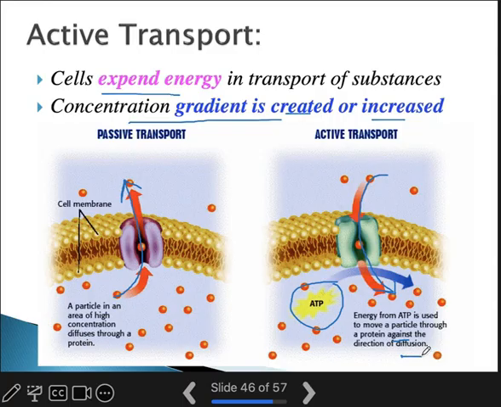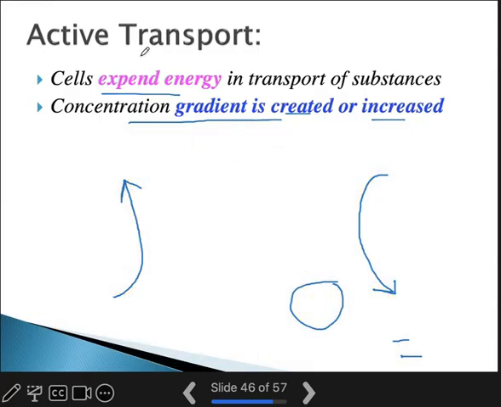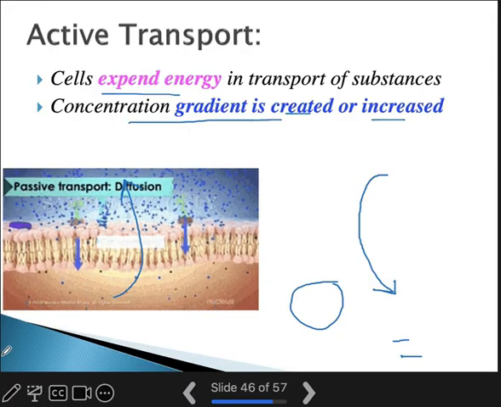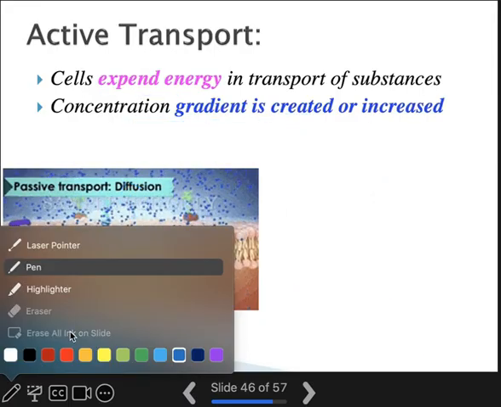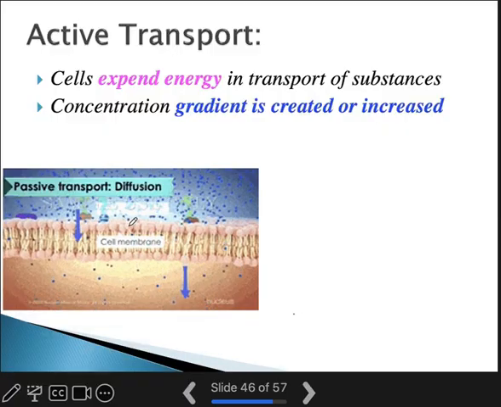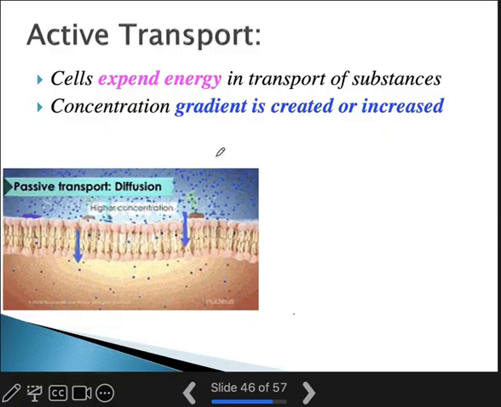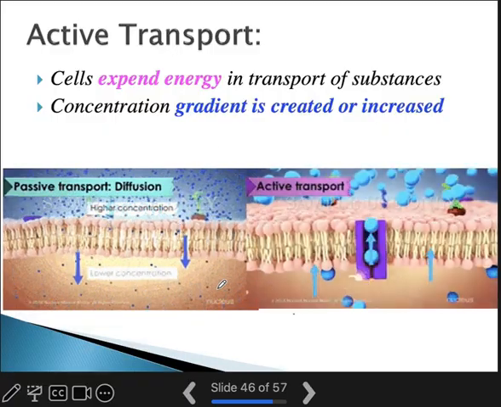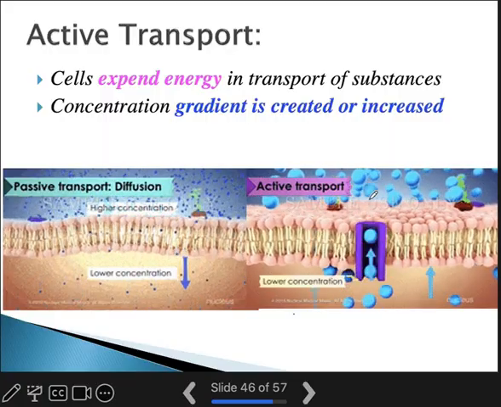If you're going to work against it, you're going to have to afford energy to do that. So active transport is always going to be the movement up a concentration gradient. Okay, so in this case, let me move my drawings. I'm going to see passive transport is down a concentration gradient, and active transport is going to be up a concentration gradient.